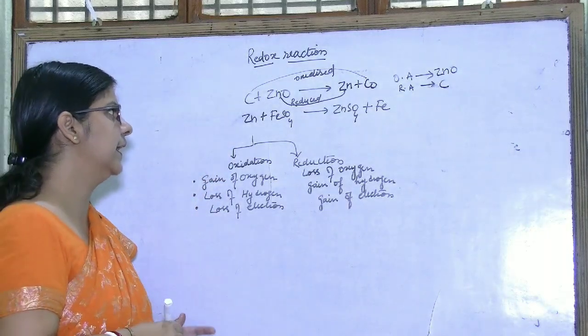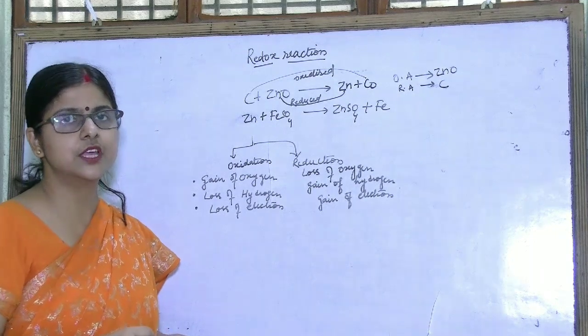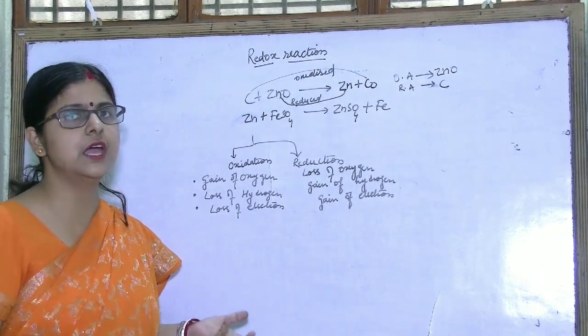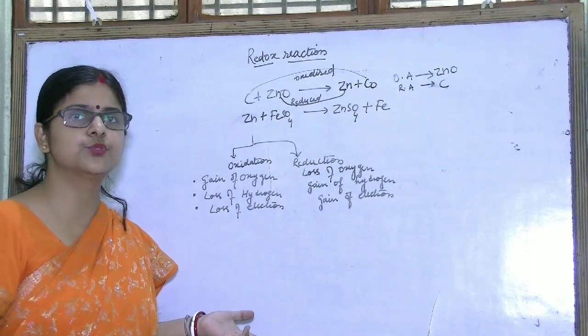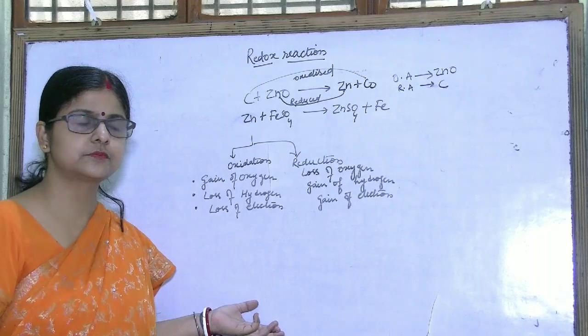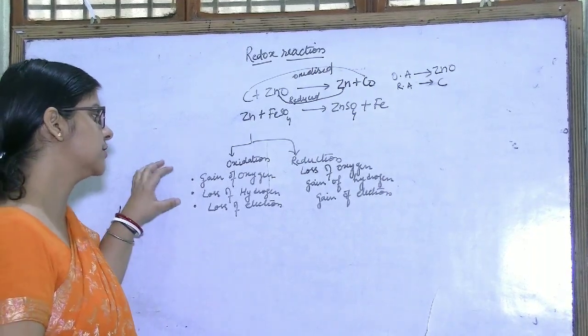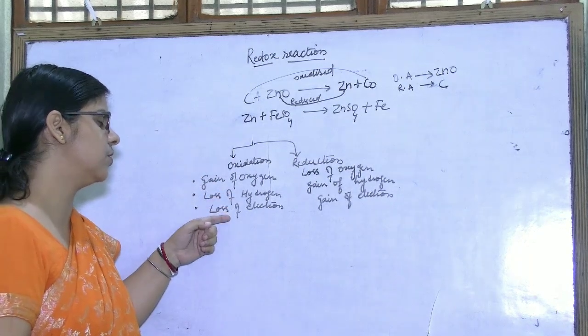So what I am telling is, what is a redox reaction? A reaction in which oxidation and reduction take place simultaneously is known as a redox reaction. Oxidation is gain of oxygen, loss of hydrogen or loss of electron.